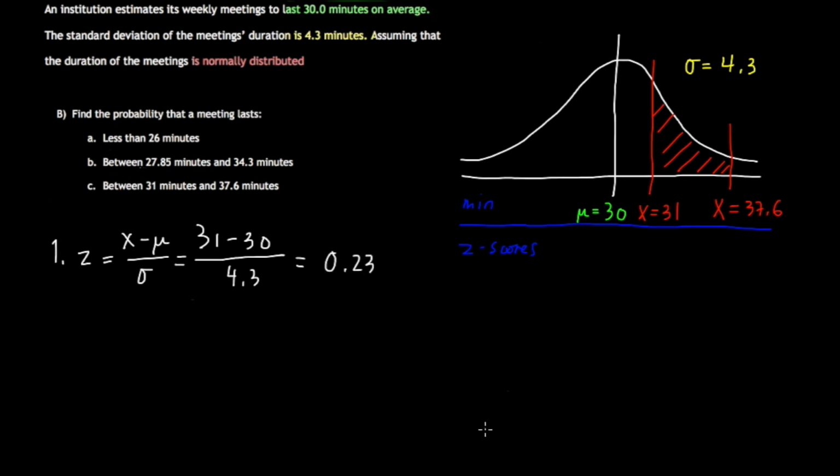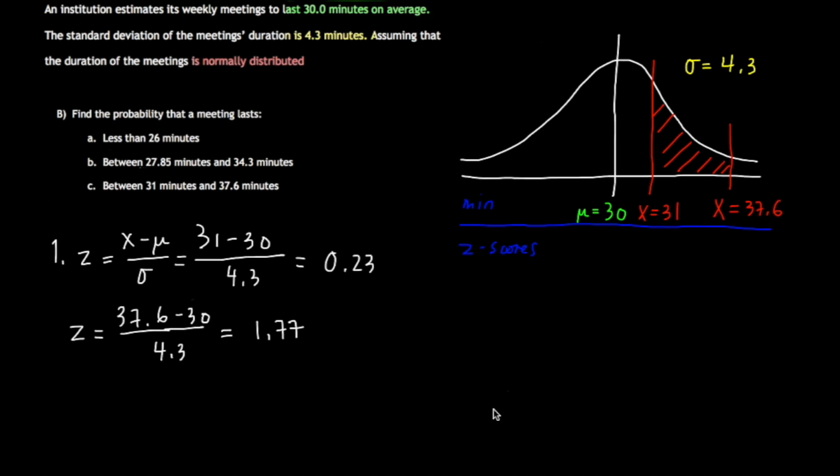Okay, so once again, I took the liberty of rounding to 2 decimals because in the z table there are 2 decimals. Okay. So let's go ahead and do the second one. So that is 37.6 minus 30 divided by 4.3. So this is going to equal 1.77. So once again, I rounded to 2 decimals.